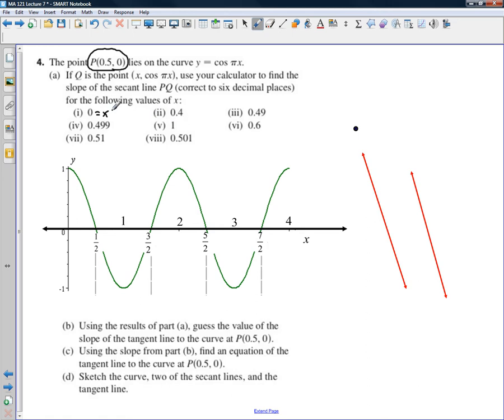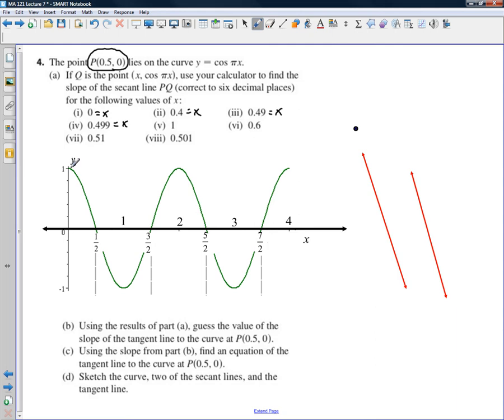And notice that 0 is some distance from point 5. The second point we're given is much closer to point 5. The third point that we're given is very, very close. And the fourth point we're given is, you might say, ridiculously close.